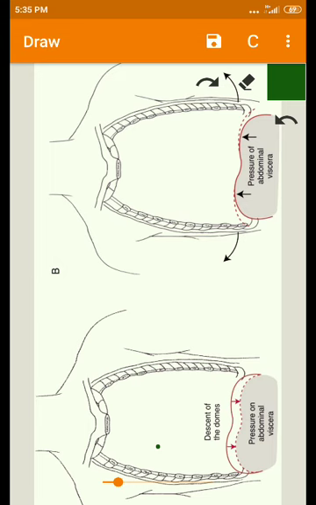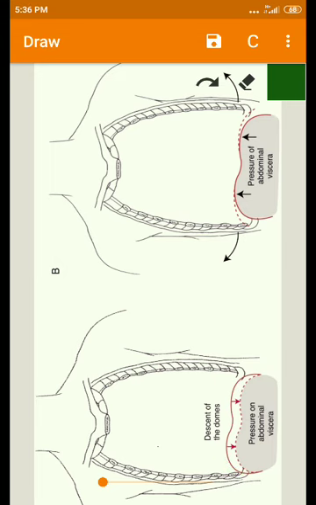So you'll have this shape like this. That is called the zone of opposition.